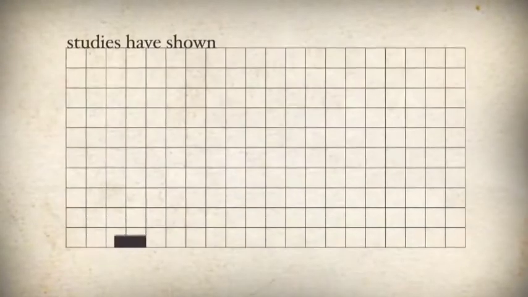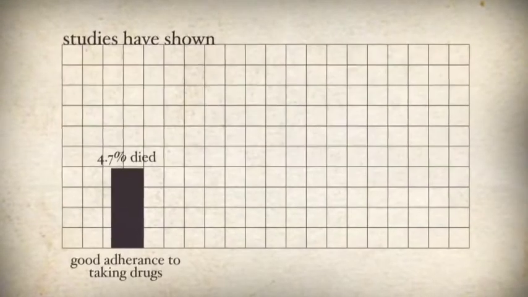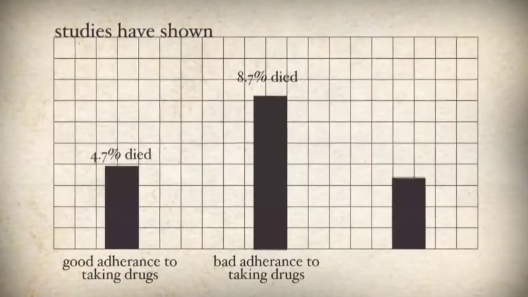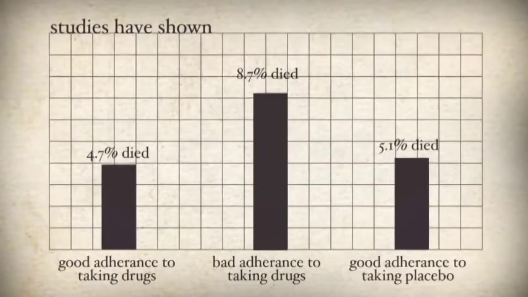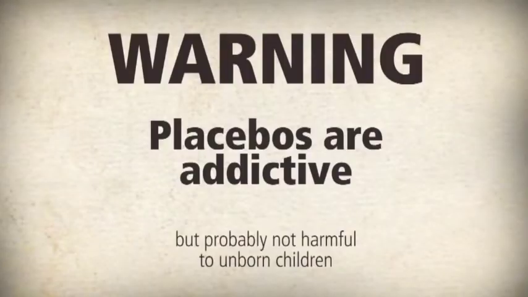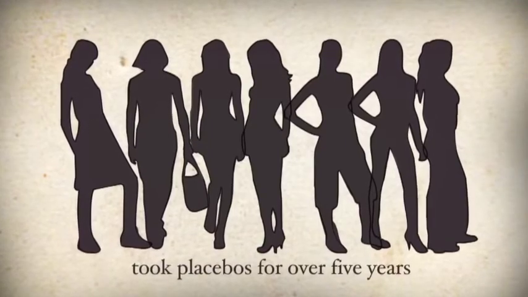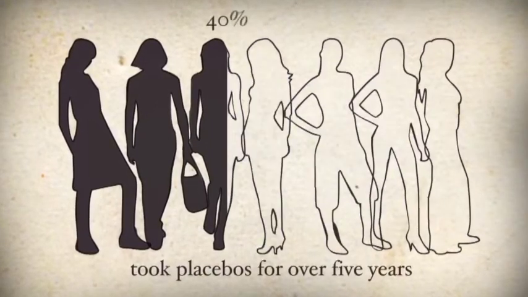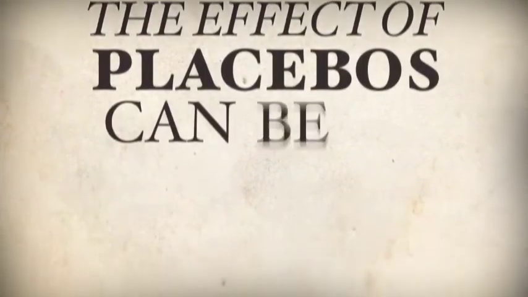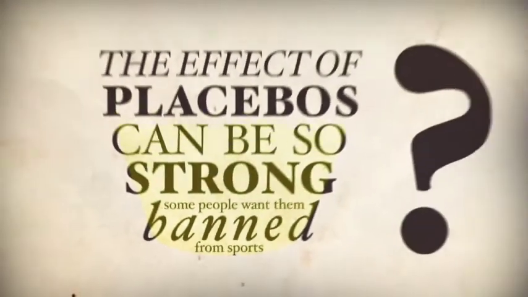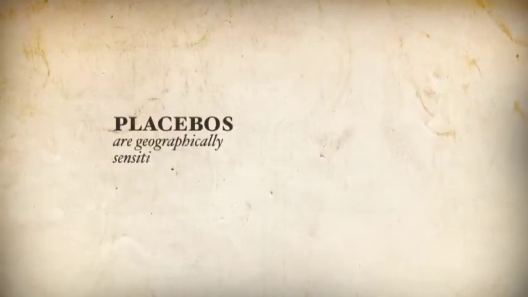Studies have shown that people who take their meds on a regular basis are less likely to die than those that don't, even if those meds are all placebos. You can even get addicted to placebos. In one study, a group of women took placebos for more than 5 years. 40% of them suffered withdrawals afterwards. In fact, the effect of placebos can be so strong that some people want them banned from sports. But I mean, how would you even test for that? Placebos don't even seem to work the same from place to place.